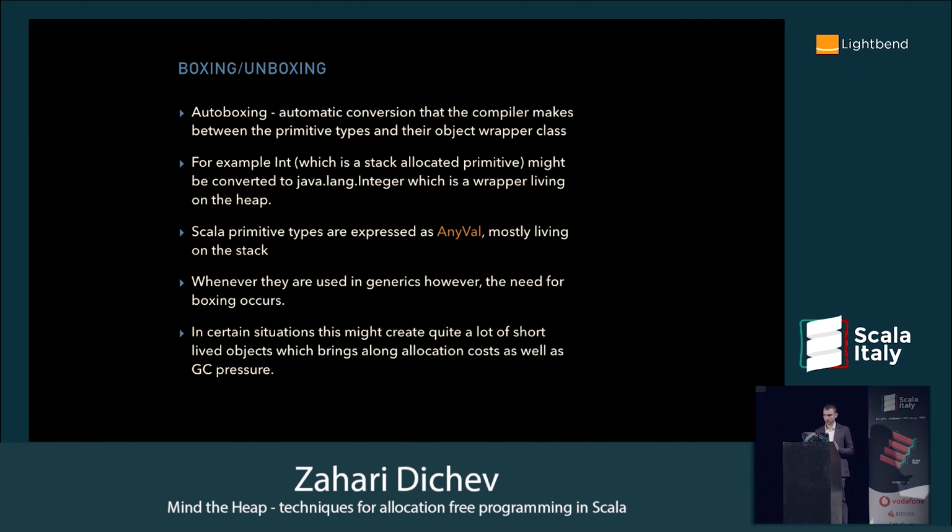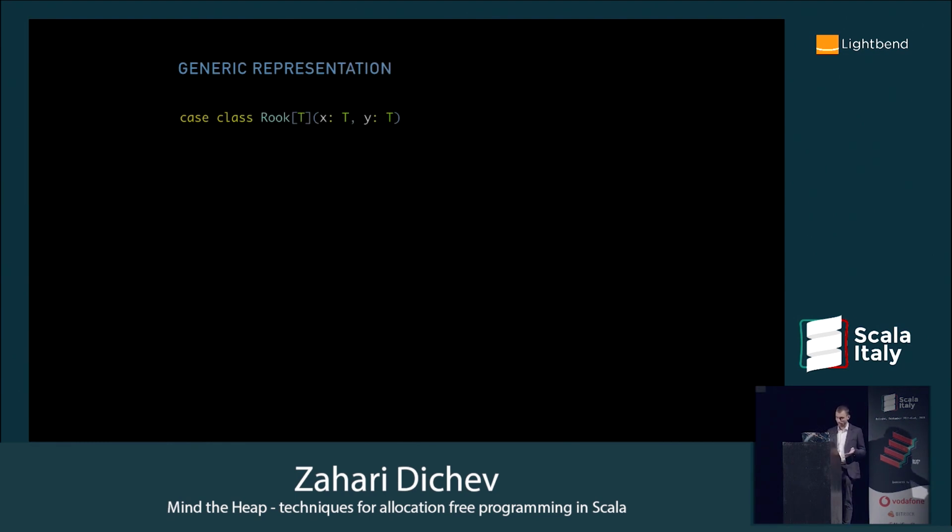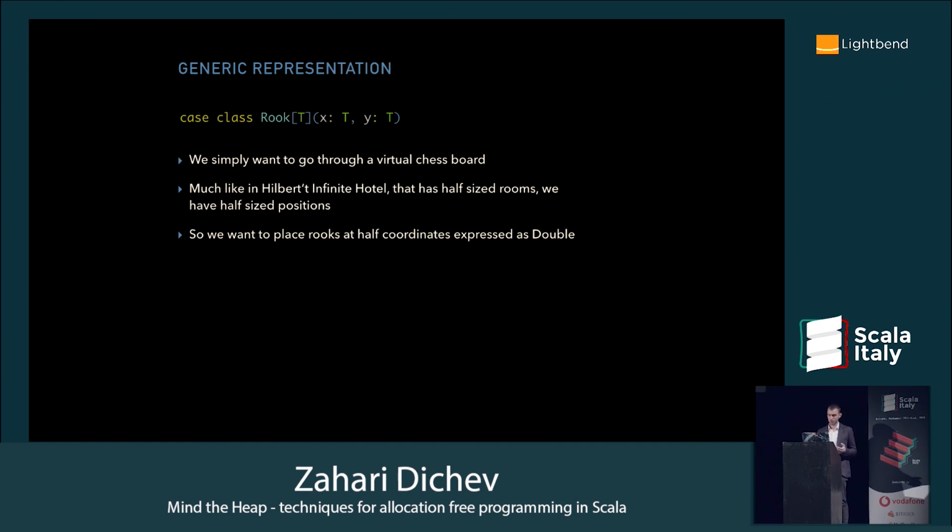And of course, in certain scenarios, that might pose quite a significant burden on your performance. So again, if we go back to our rook example, but now have it a bit more generic, let's imagine we want to go through, again, a virtual chessboard, and that's the only chessboard I've ever seen, a virtual one.